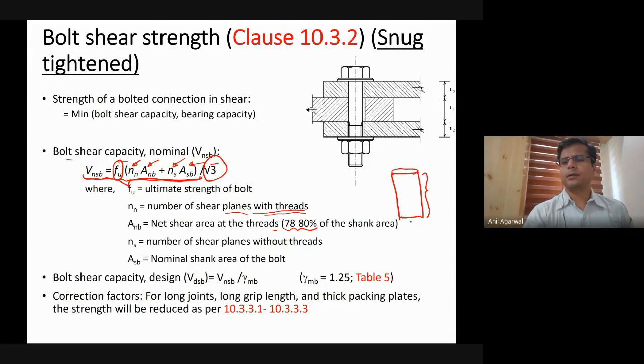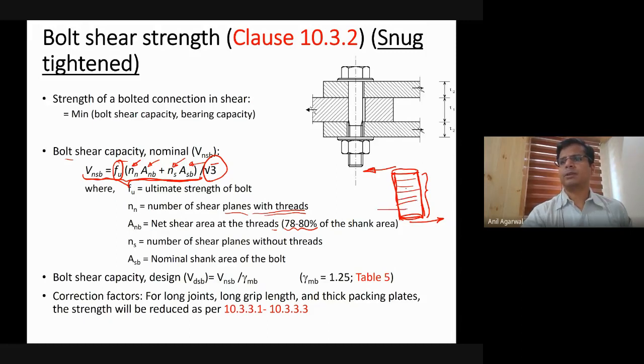Then I'm applying a force here, and a force here, in such a way that shear is introduced in this one. In that case, I don't know where the shear failure can take place. Because the cross section is uniform from here to here, shear yielding can take place here, here, here, anywhere, right?